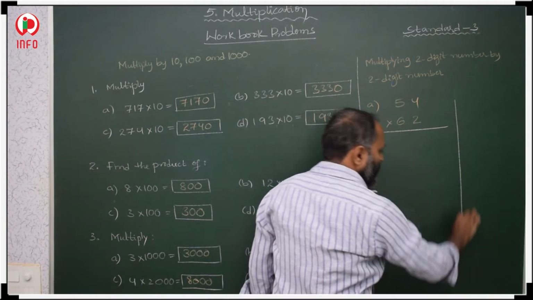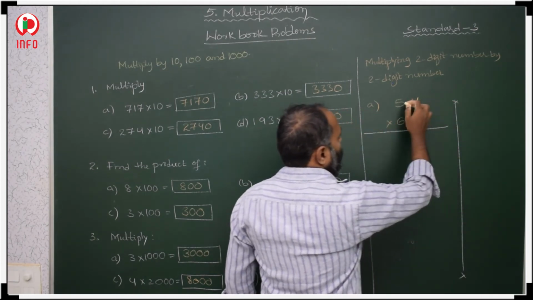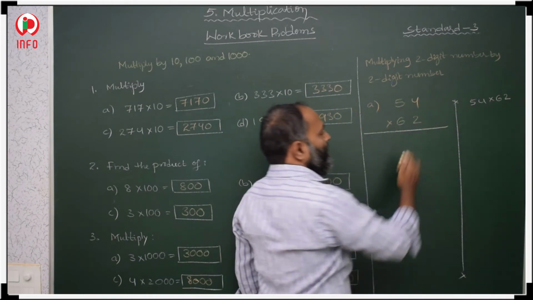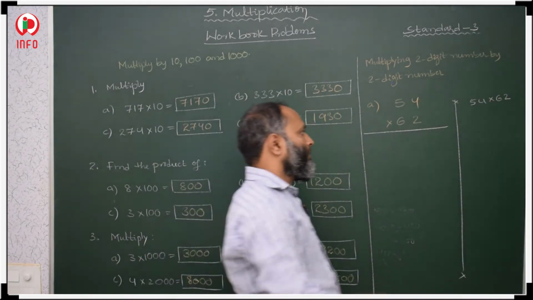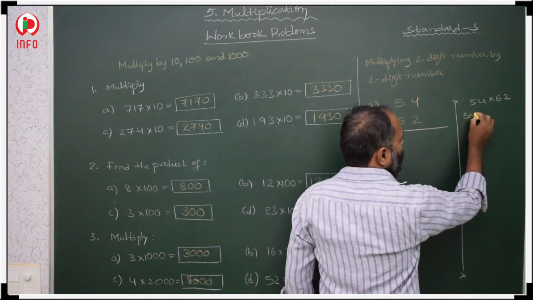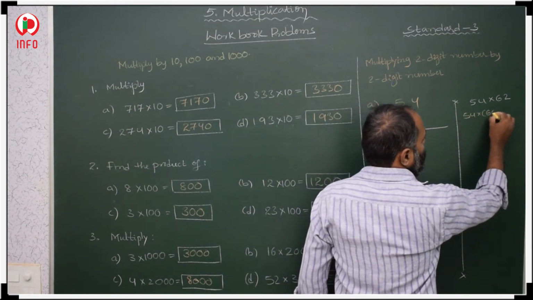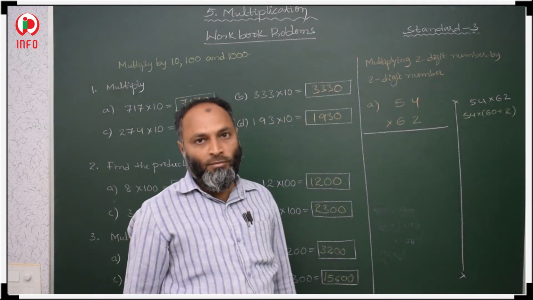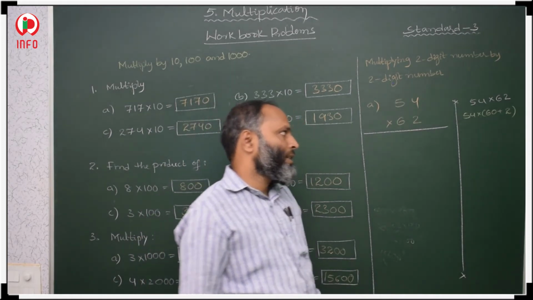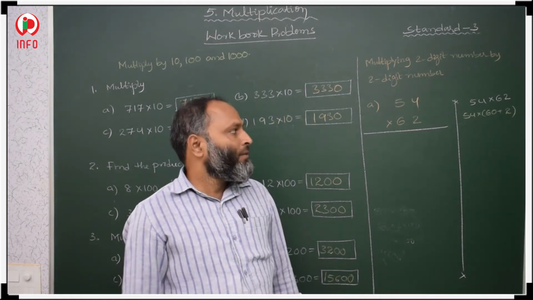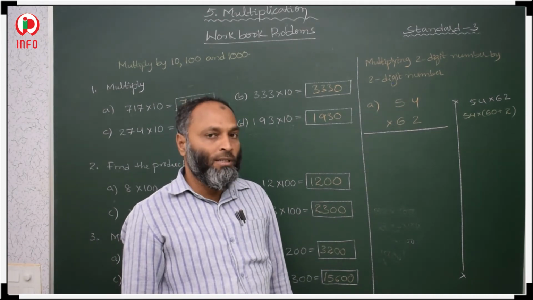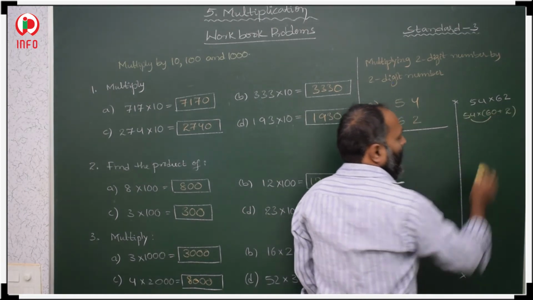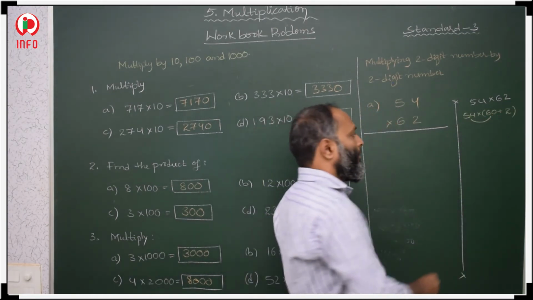In the rough column first, see 54 with 62. 62 means 60 plus 2. 60 is in the tens place and 2 is in the ones place, that is 62 ones. Now we have to apply the distributive property.